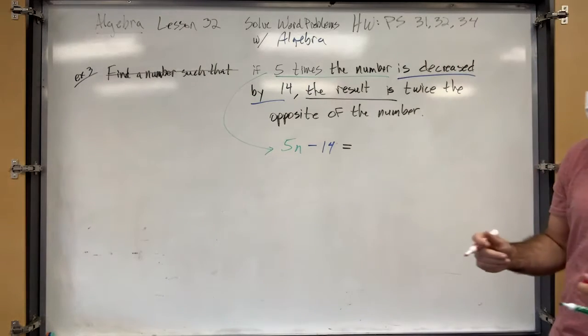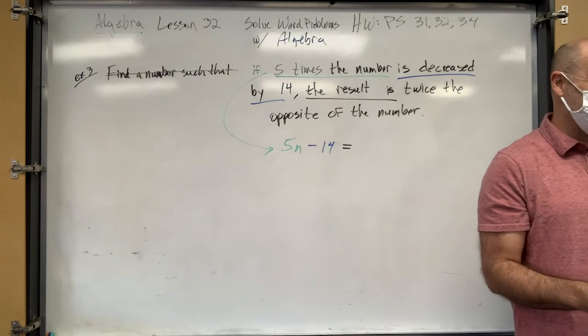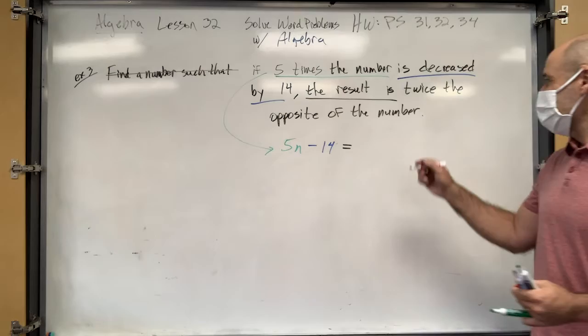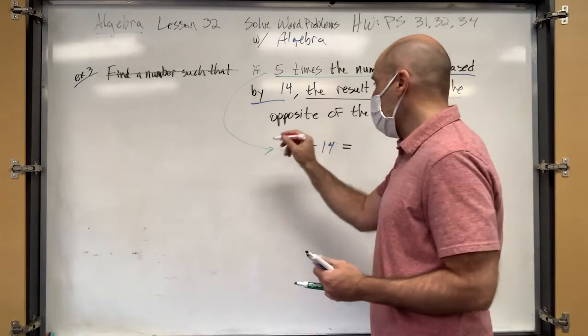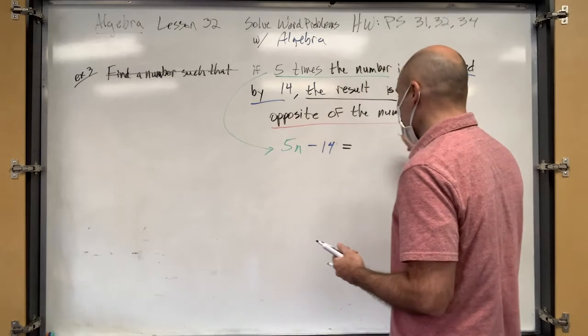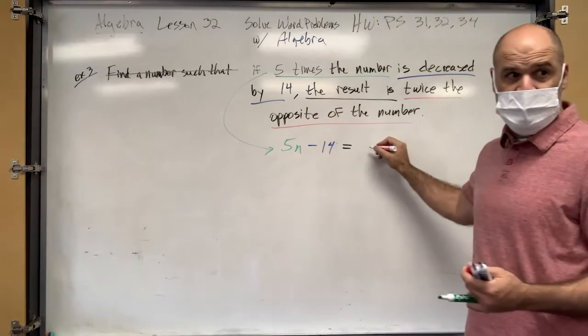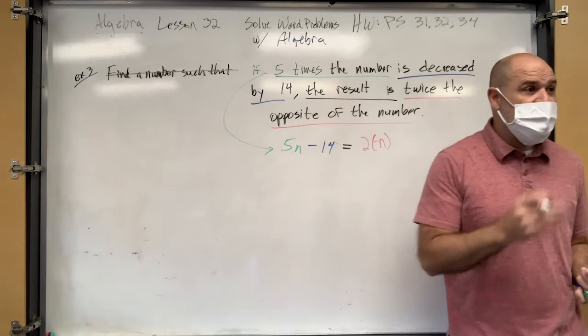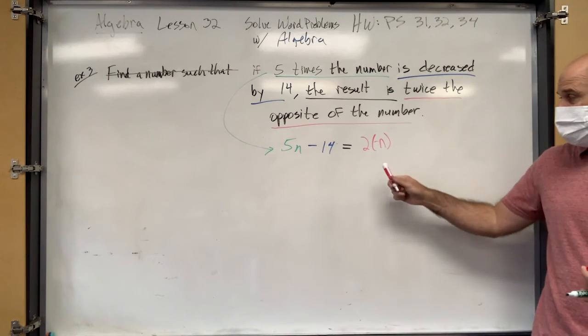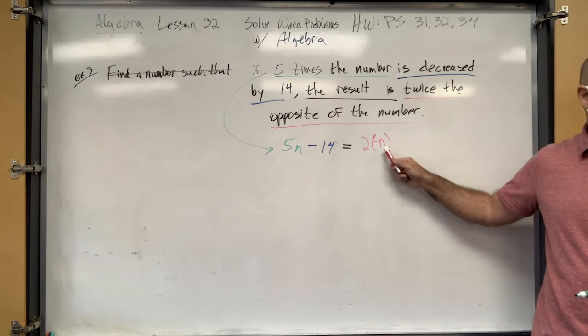How do you say twice the opposite of the number? So twice the number would be 2n, but what's the opposite of the number? Negative n. If I translated it directly, it would say 2 times the opposite of n.